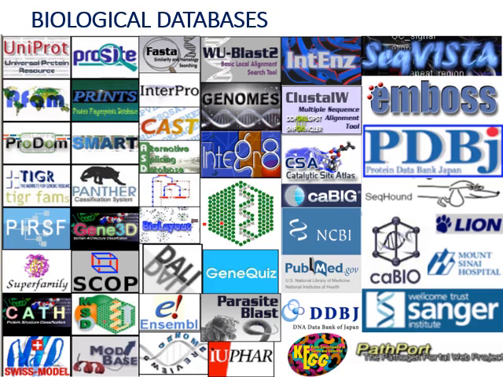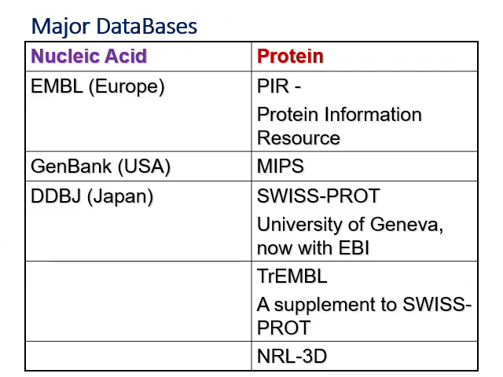These are different types of biological databases available today: UniProt, PROSITE, FASTA, EMBOSS, DDBJ, that is of Japan, etc. There are three major databases for nucleotides or nucleic acids: EMBL, that's in Europe, GenBank, that's in the USA, and DDBJ, that's in Japan.